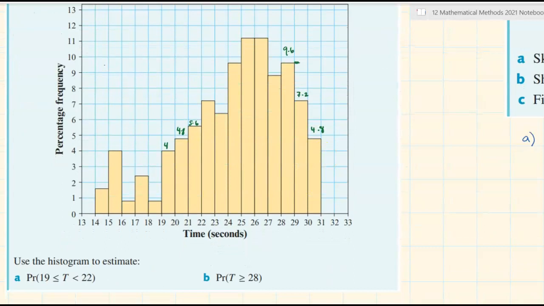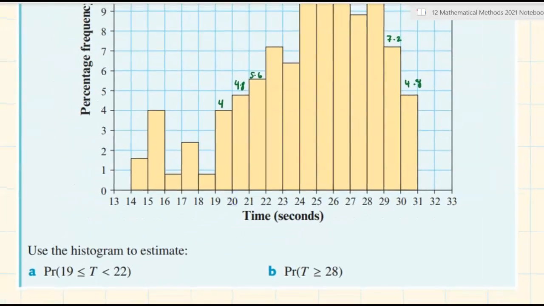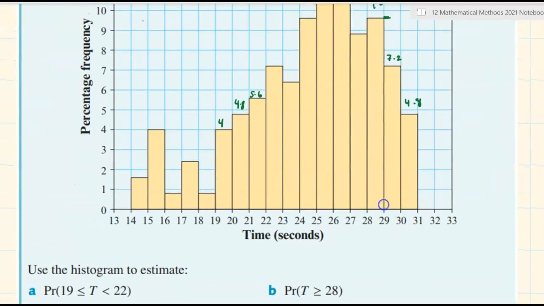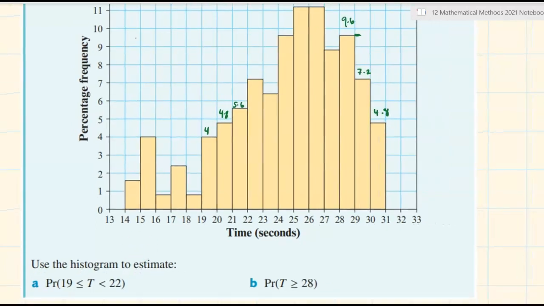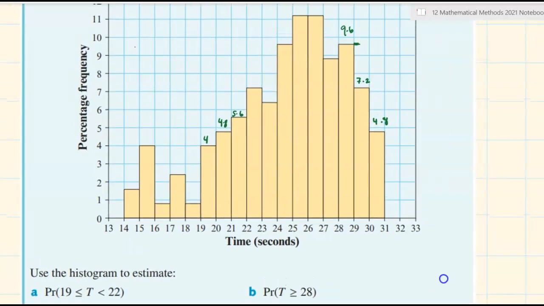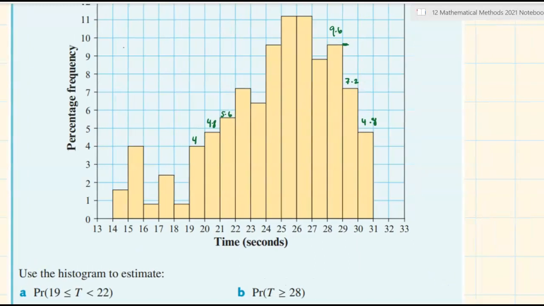Use this histogram here to estimate for me the probability that 19 is less than or equal to t, which is less than or equal to 22. Now, if we are trying to look at 19 to 22, so we go in, here's 19, up to 22.